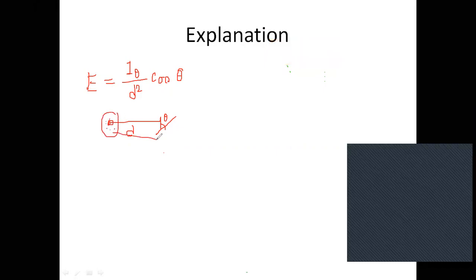So what happens? It is the flux, because flux means a huge number of points. So it is the flux at the point. But if it is a point, then it is illumination. It is light intensity for a point, and flux for lots of sources when it is active.